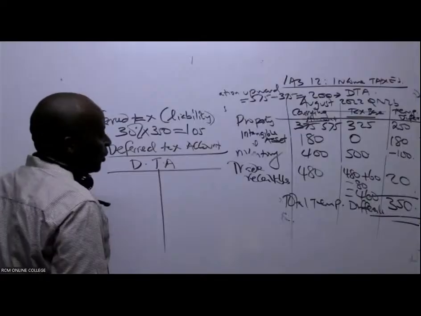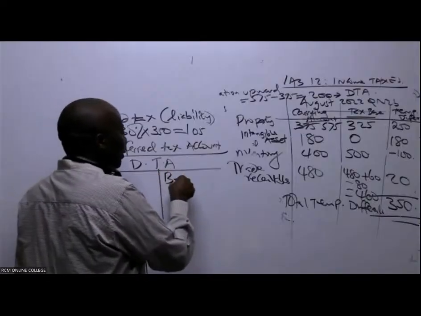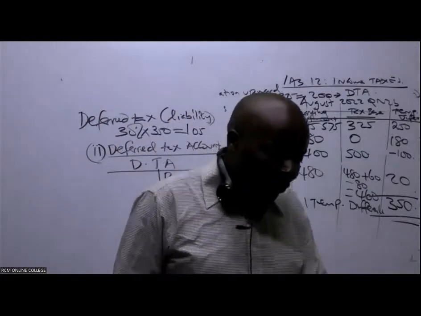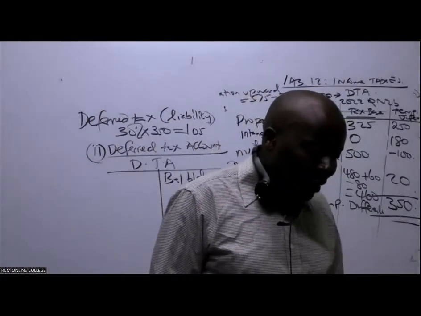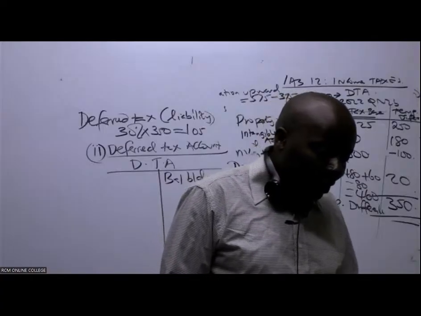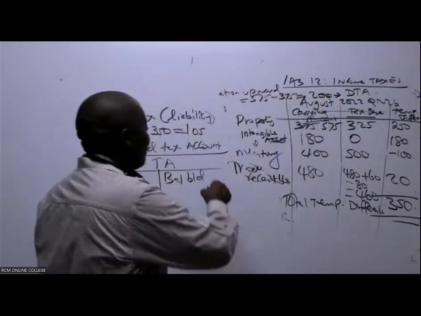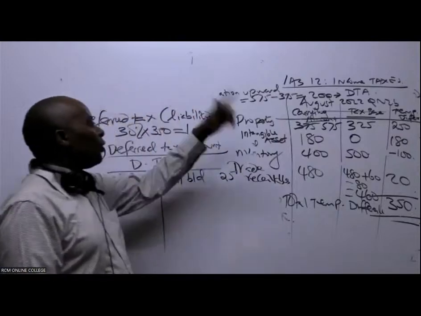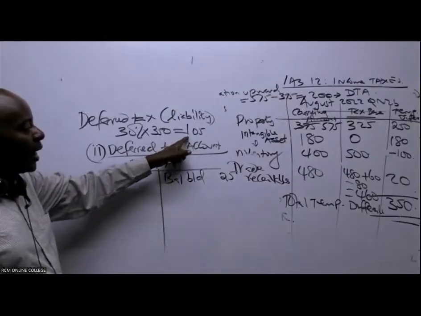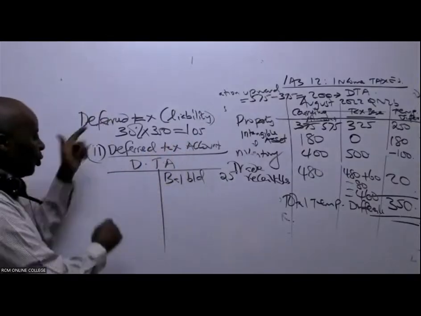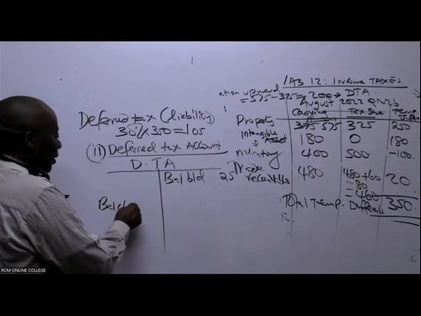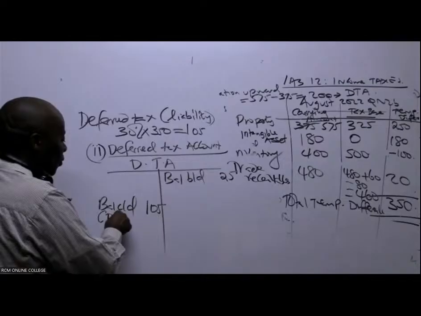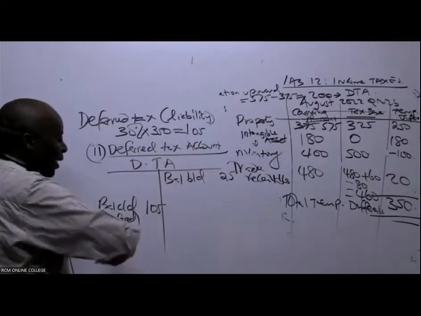So we have the balance brought down, given in note number 5: the balance on the deferred tax liability account at the beginning of the year was 25 million. So balance brought down is 25. And what we are deferring into the future, the deferred tax, is this 105. So the balance carried down is 105. This is what is deferred to the future; it will not be paid this year.